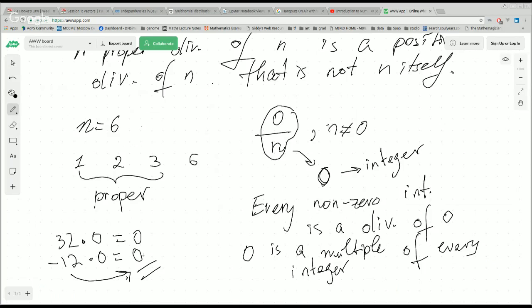Okay, so remember, is 0 a multiple of 0? Sure, 0 times 0 is 0, right? So while 0 is a multiple of every integer, only every non-zero integer is a divisor of 0, because again, we cannot divide by 0. So we have to make this distinction when we're talking about divisors, because you cannot have 0 in the denominator. I hope that makes sense. If it doesn't, make sure to ask in the Discord channel, and I'll try to explain this further.